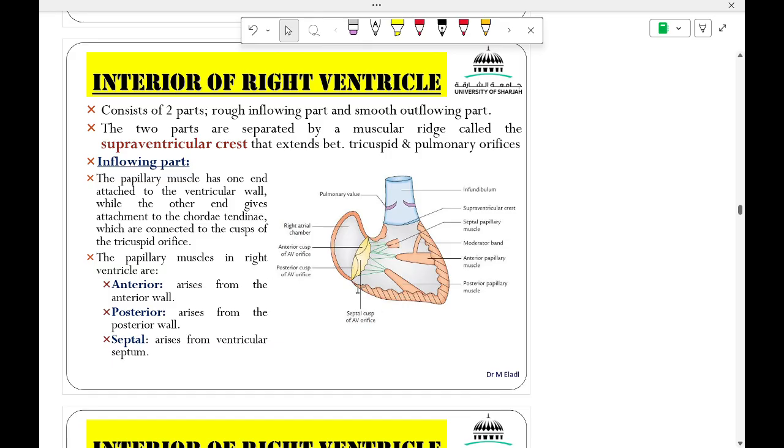Now, because we have three cusps, then we expect to see three different papillary muscles. We have anterior, posterior, and septal. Septal is essentially going to be attached to the interventricular septum. And we have anterior and posterior, which are going to attach to the anterior wall and posterior wall respectively. As you can see, anterior and posterior wall.